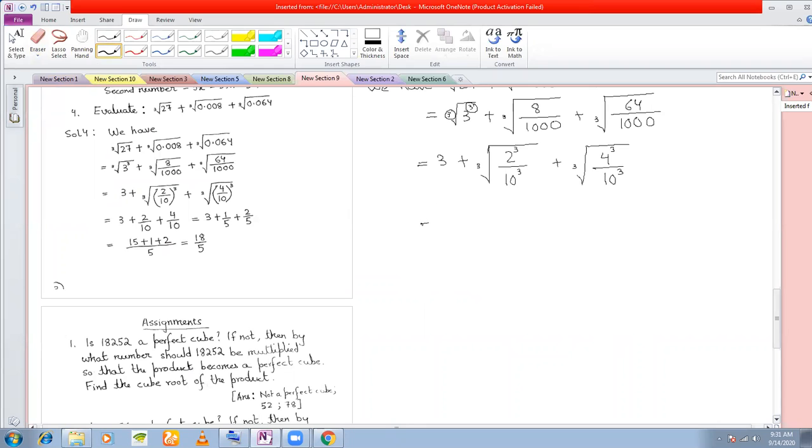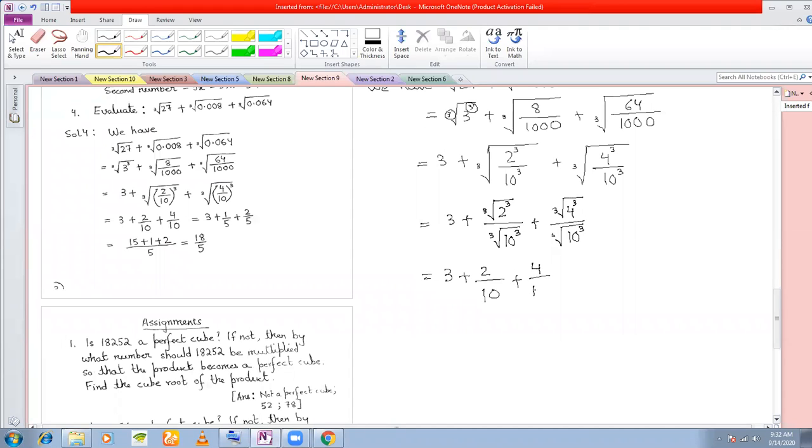What you can do is, from here you can separate the numerator and the denominator. Okay. So here you get cube root of 2 cube is simply 2. Cube root of 10 cube is 10. And the cube root of 4 cube is 4.